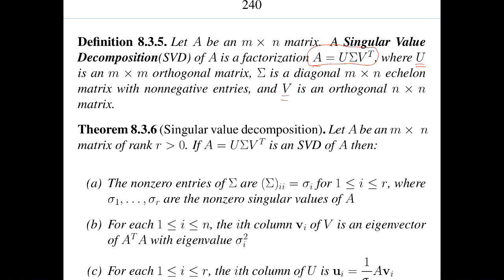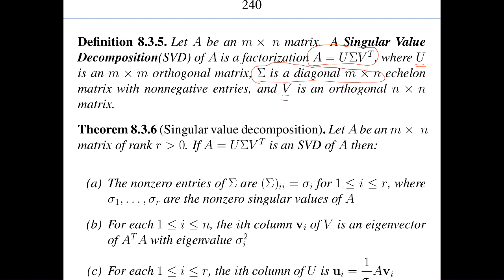U is m by m, V is n by n, which makes sense. And sigma is diagonal, but not a square matrix, it's a diagonal m by n matrix.